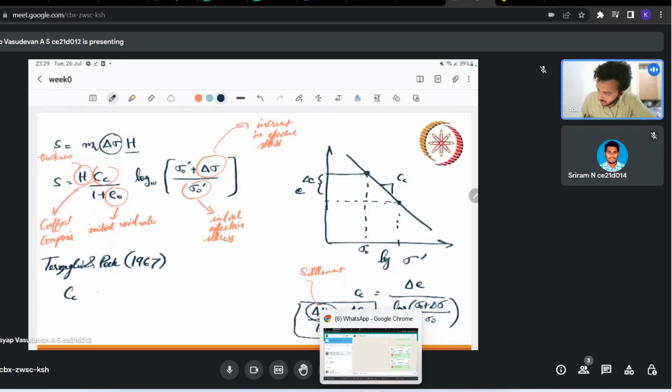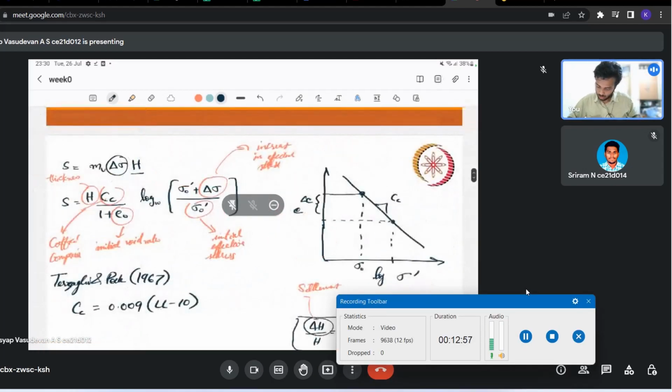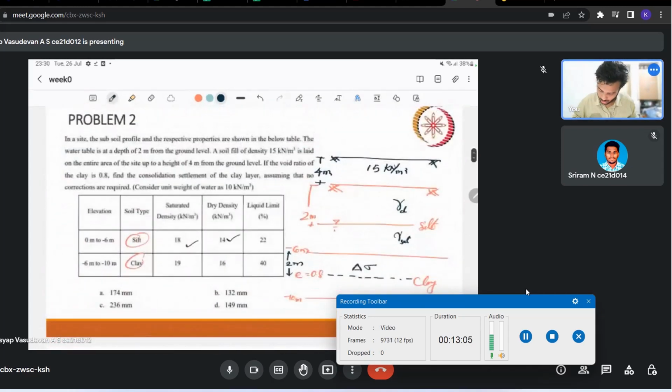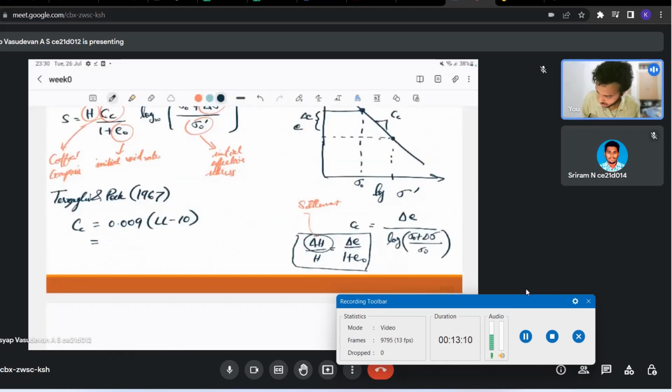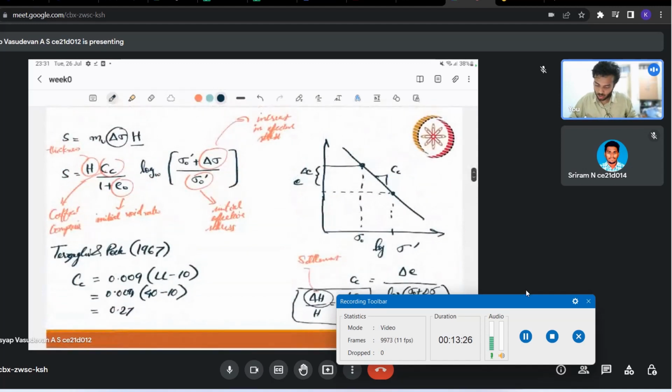Cc is given as 0.009 (LL minus 10). Since we have the liquid limit of the clay given as 40, we can use the correlation: 40 minus 10 gives 0.27. So we have Cc also. Now if you plug in all the values, we can get it.